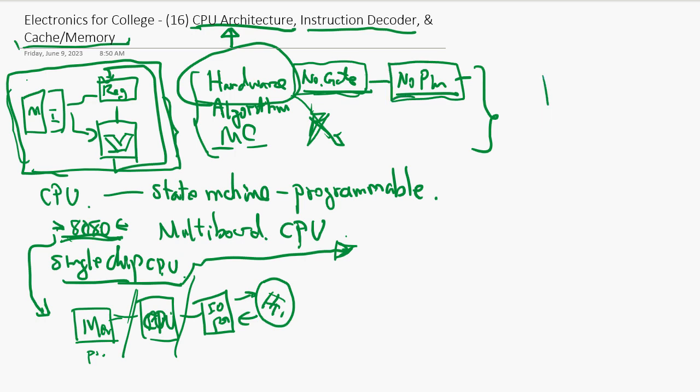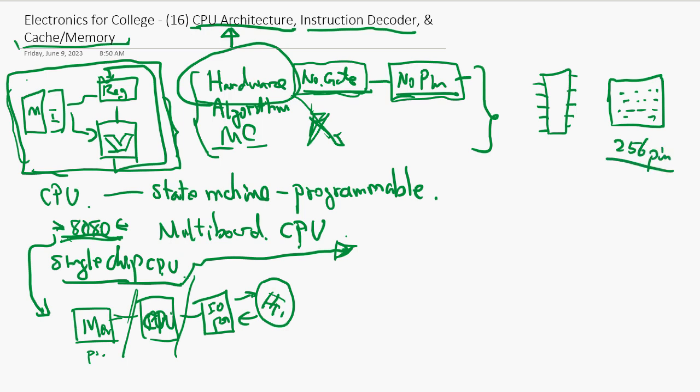In the beginning, we used this type of IC chip package, with about 20 pins. Now we use this square one with pins on the back, and 256 pins is common. So the hardware technology is changing, and the algorithms have had great advancement.